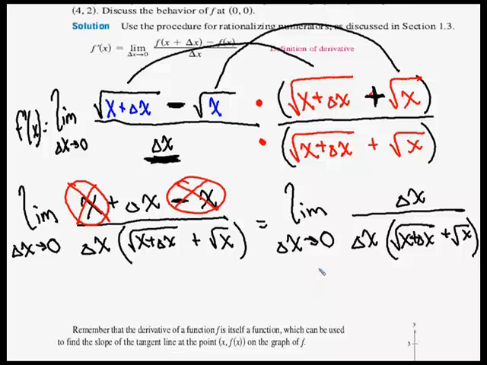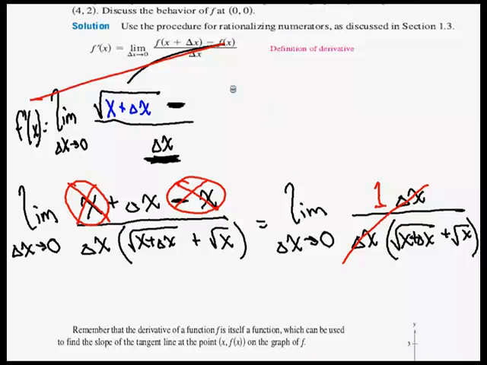So many times students just want to do this. They want to cancel and then just have the limit as delta x approaches 0 of what is in the parentheses. Don't forget this delta x up here in the numerator. There is a coefficient there. There's a 1, an implied 1. So when these cancel out, there's still that 1 in the numerator.